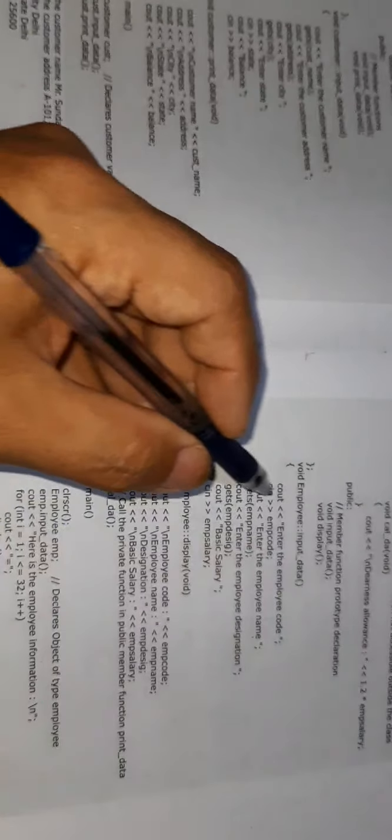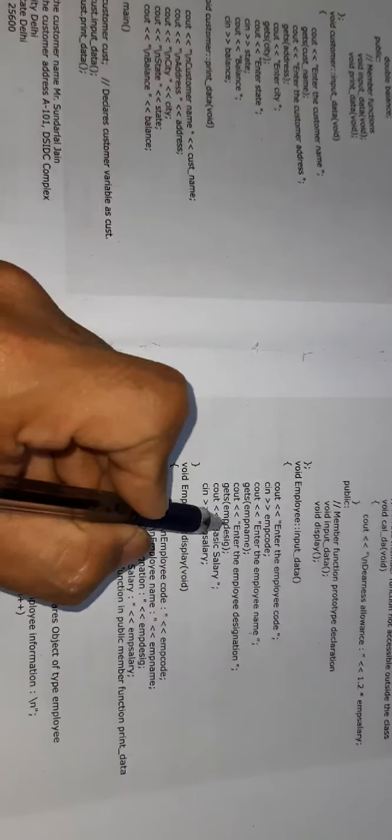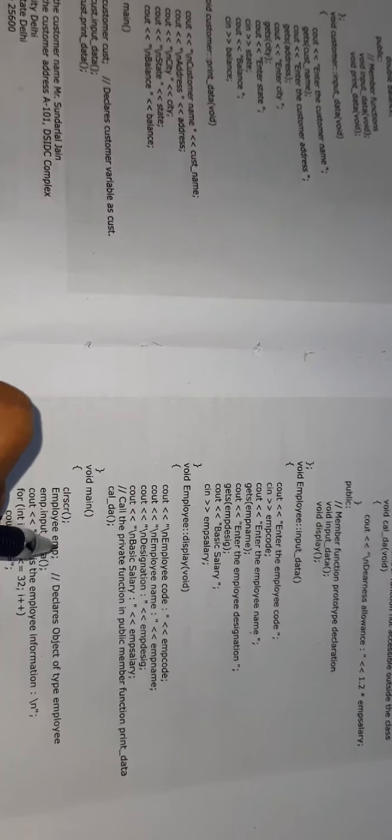Based on the object and the data type, you are putting legal values, as is written there, like here employee code, employee name through the gets function, employee designation, salary, right? So you will be entering the values, or you'll be directly assigning through the object, right?